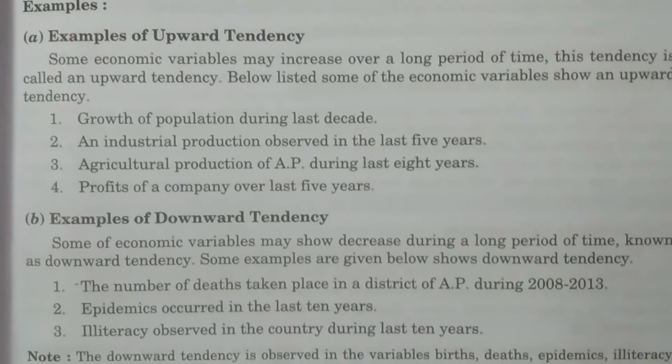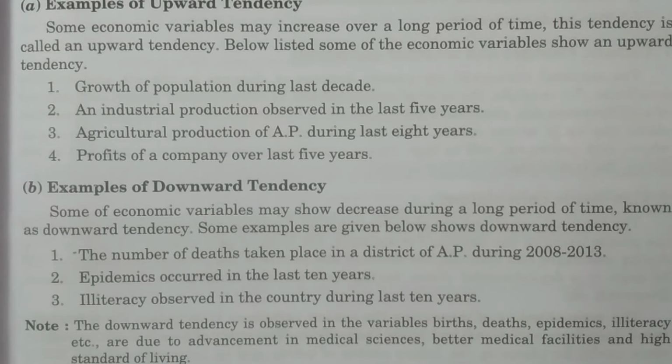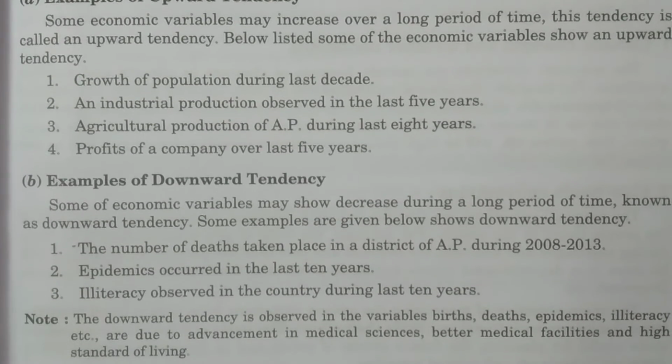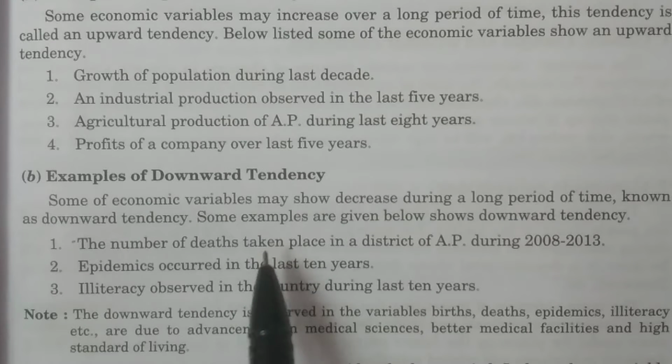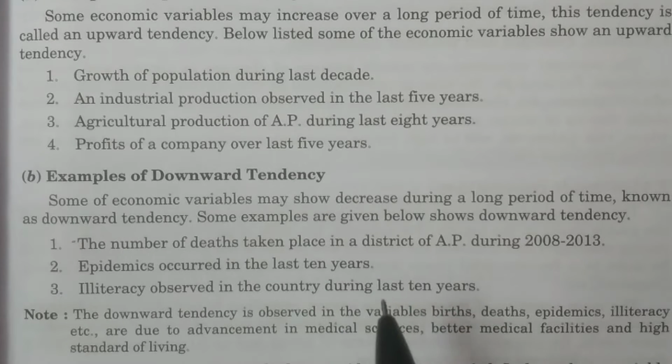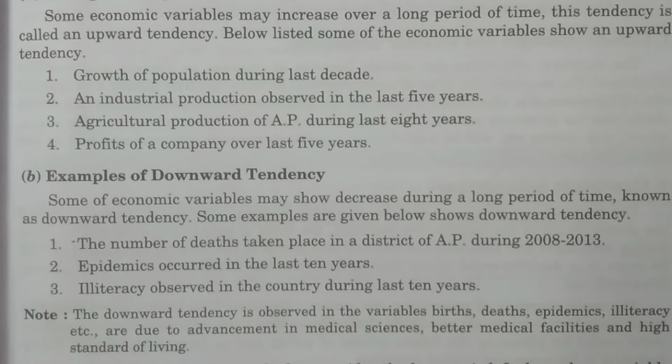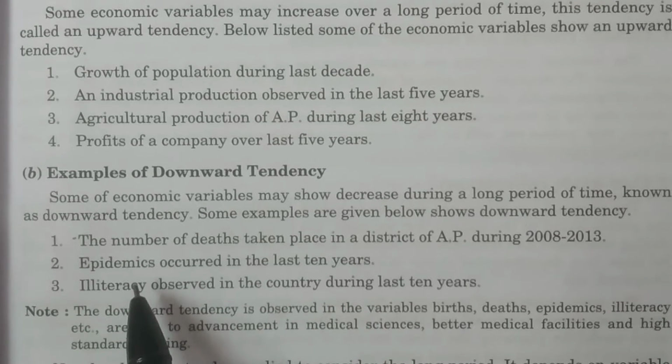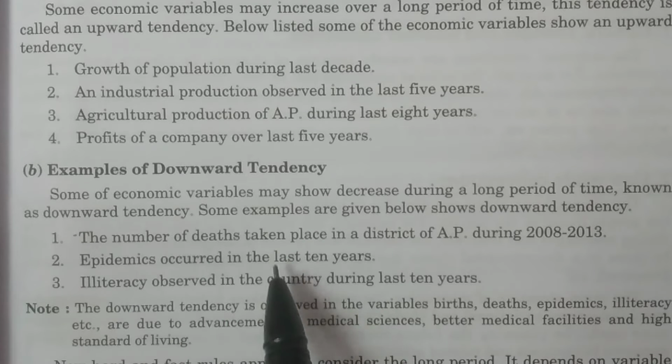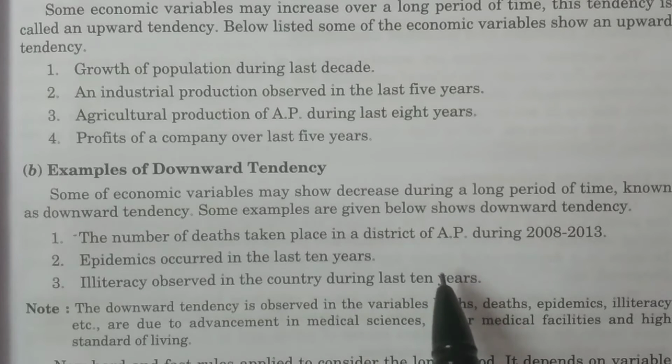Similarly, come to the examples of downward tendency. Some of the economic variables may decrease over a long period of time, which is known as downward tendency. The examples I specify here: the number of deaths taking place in a particular district.